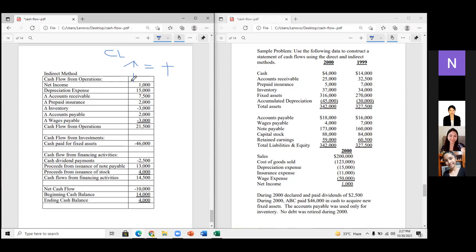Pero kung nagkaroon ng decrease, i-deduct natin siya. Unlike dun sa current assets kanina, kabaliktaran siya. Kaya siya tinawag na direct relationship. Kasi pag nag-increase, add; pag decrease, deduct.